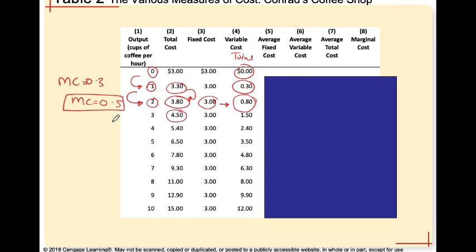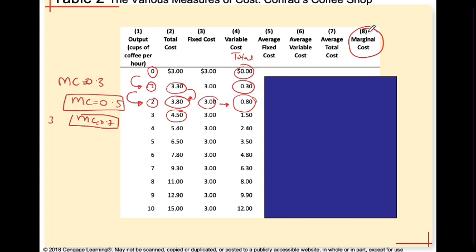So the cost of producing that third unit is subtracting these two and coming up with 0.7. So that's your marginal cost for producing the third unit. The marginal cost is this last column in this table.